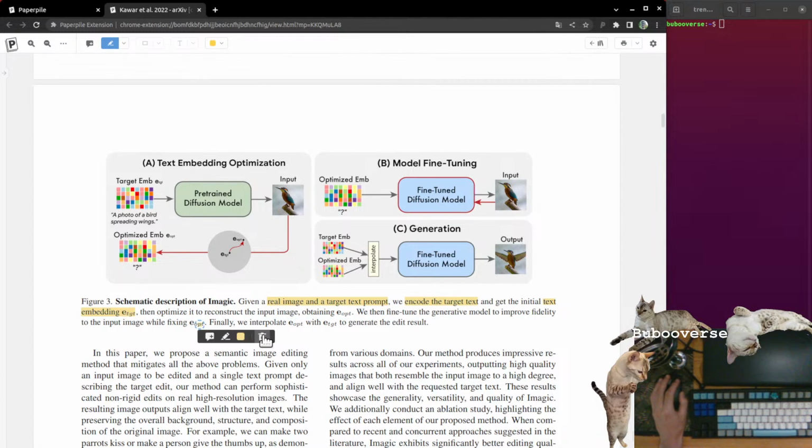So E_tgt. I think tgt means target text, E_tgt means embedding for the target text. That's right here. So you take this sentence here, you tokenize it. That's kind of what they mean by encoding. You get an embedding, right, which is a vector in some feature space. Optimize it to reconstruct the input image, obtaining e_opt.